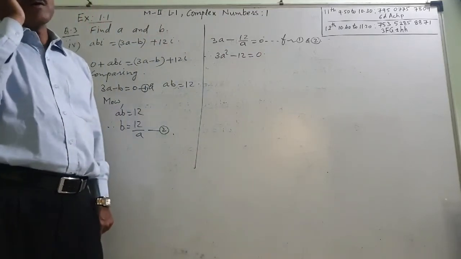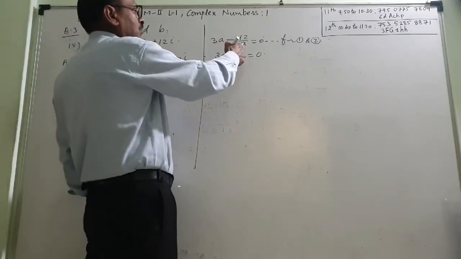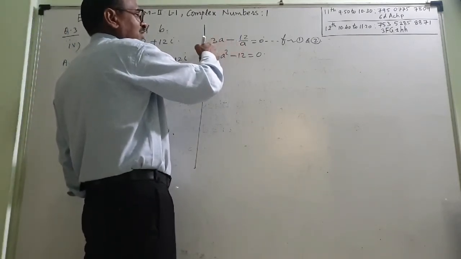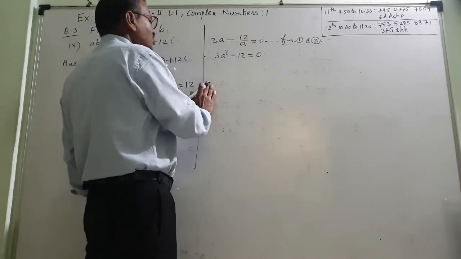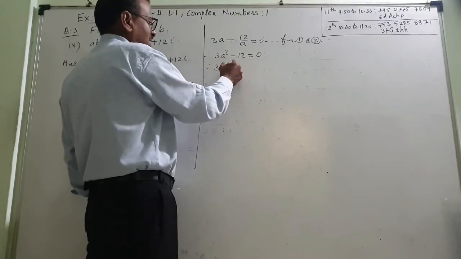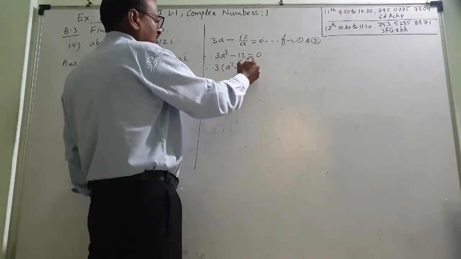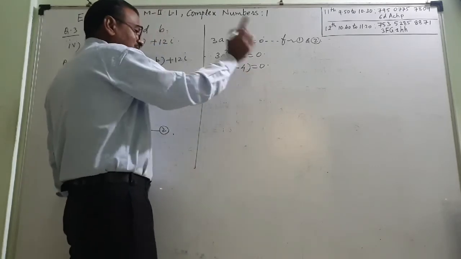You have understood this. Multiplying by the denominator to each term, here if I multiply it will become 0. Now how to solve? I will take the common. Therefore 3 into bracket a square minus 4, for the 12, is equal to 0. Therefore now divide by 3, it will be 0.